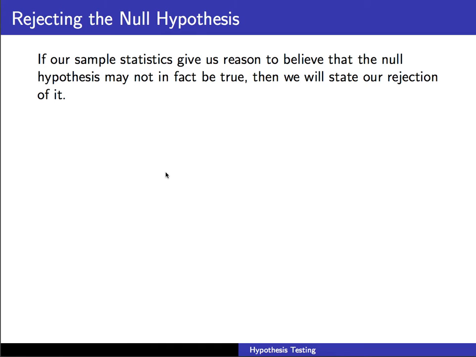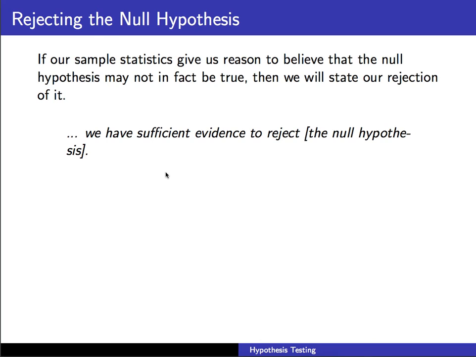So for rejecting the null hypothesis, let's look at that first bullet point first. If our sample statistics give us a reason to believe that the null hypothesis may not in fact be true, then we're going to state our rejection of it. So we frame it in the form: we have sufficient evidence to reject whatever the null hypothesis is. In our last video, we looked at identifying what the null hypothesis is.